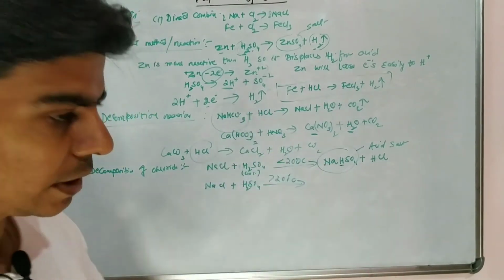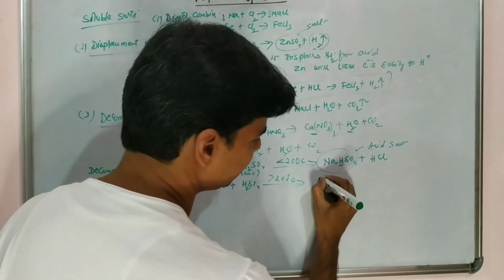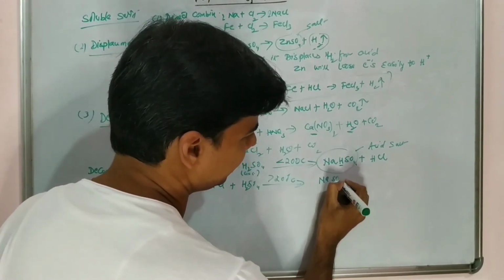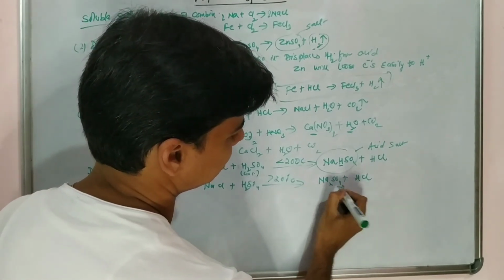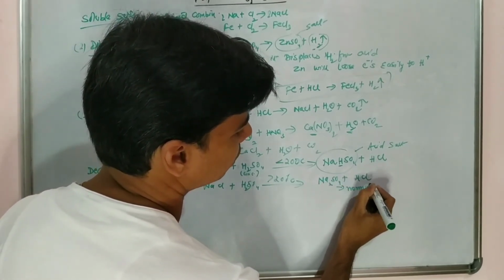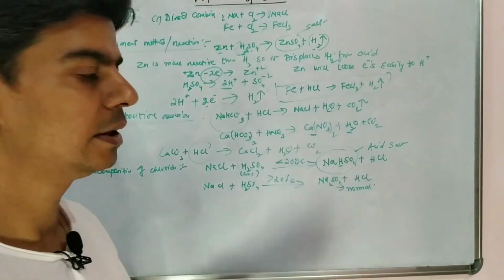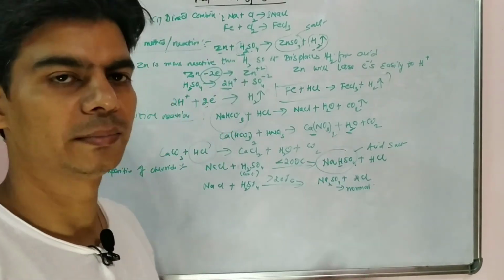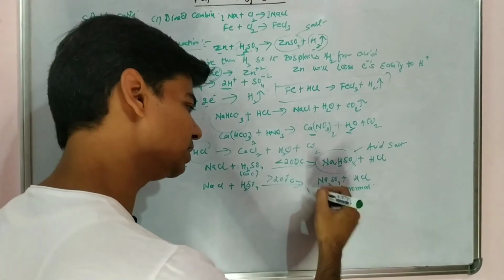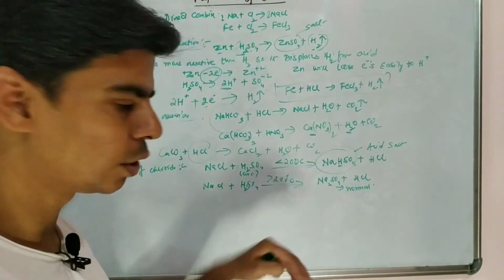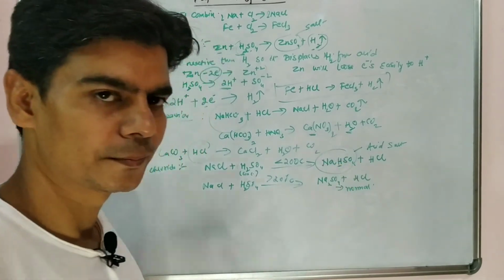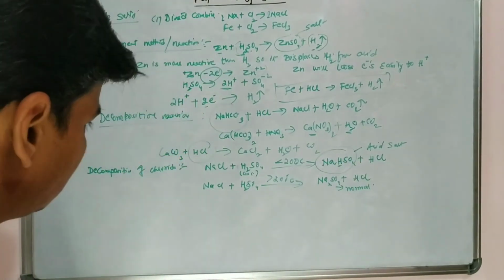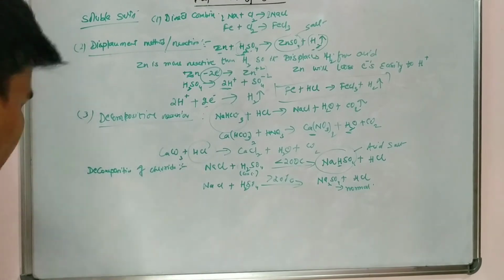Normal salts are those salts that do not contain replaceable hydrogen atoms. So when this salt is dissolved in water, it won't behave as an acid because it does not contain hydrogen like an acid salt. So these are reactions of decomposition of chlorides.